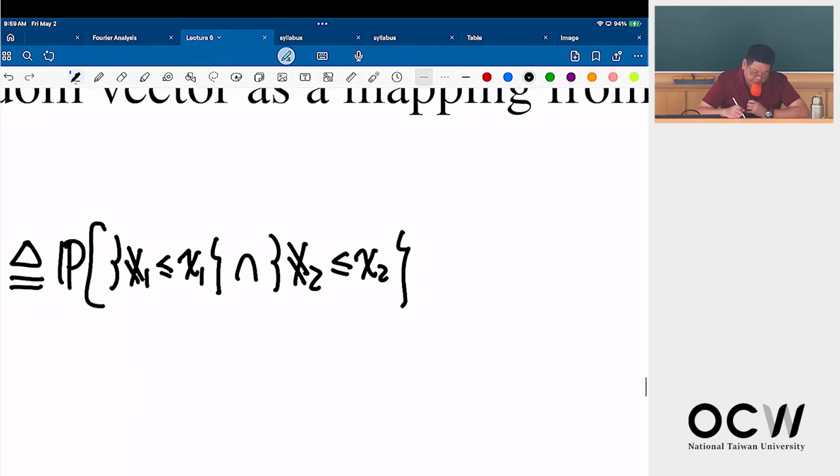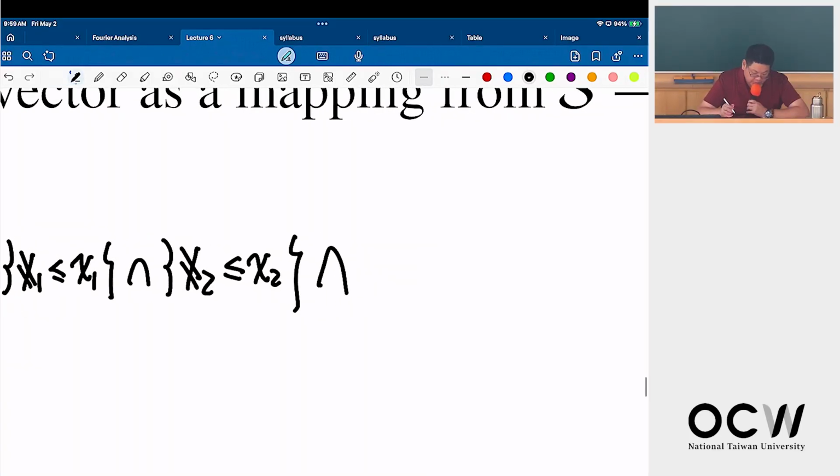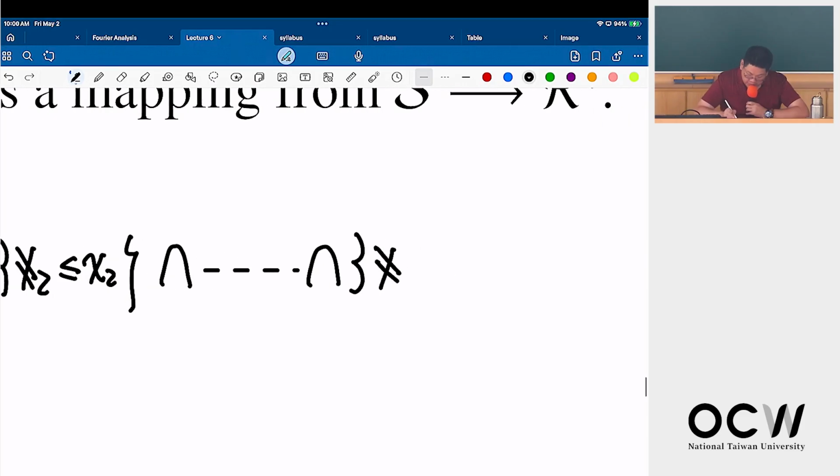Now we have n random variables, so we need to consider all of them, intersecting until the nth random variable less than or equal to some value.